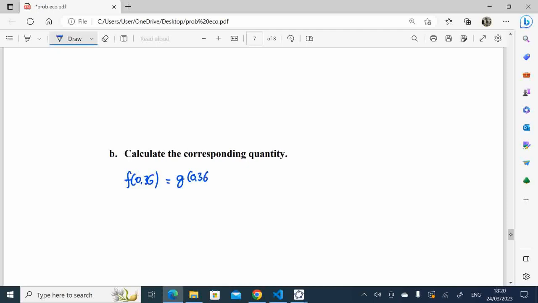So it's easier to use g of 0.36, which is 3 times 0.36, which is equal to 1.08 thousand units.